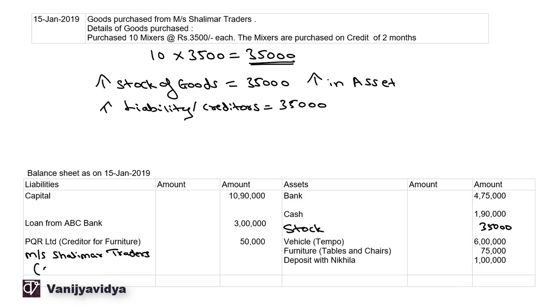They are creditors. 35,000. Total of the liability side is 14,75,000. Total of the assets is 14,75,000. Now let's move on to the next transaction.